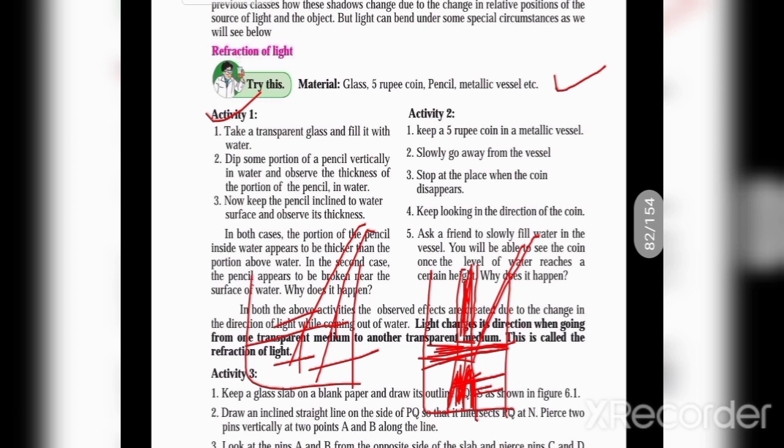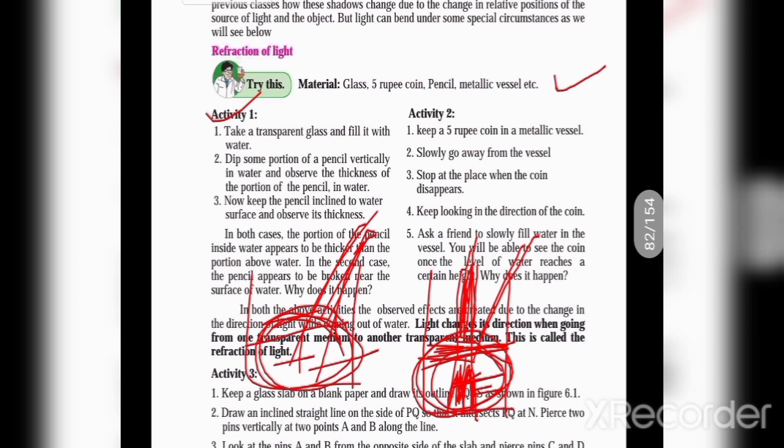In both cases, the portion of the pencil inside the water appears to be thicker than the portion above the water. That means this thickness is more as compared to the above portion.